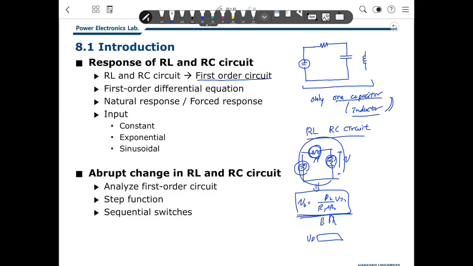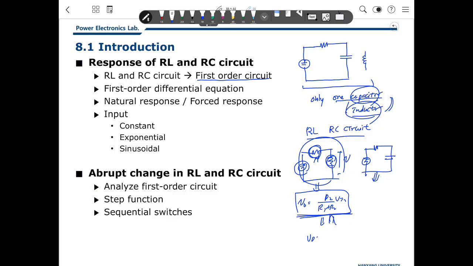On the other hand, in the case of a circuit with one capacitor or inductor, like the circuit here, the resistor and the capacitor, then this voltage or current can be represented by another type of equation.